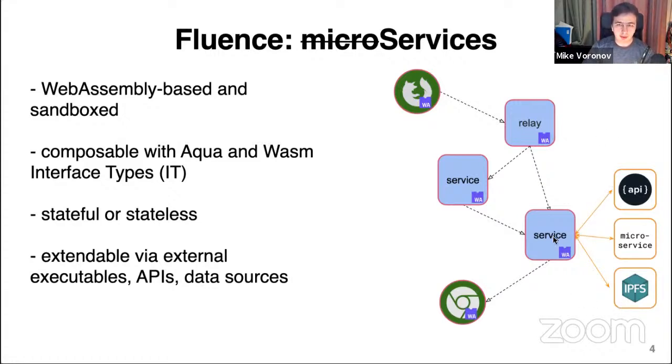And on one of the services, you could see that it is connected with three different services. These services aren't compiled to WebAssembly. They are just general services, for example IPFS, some major databases like MongoDB, MariaDB, and so on.